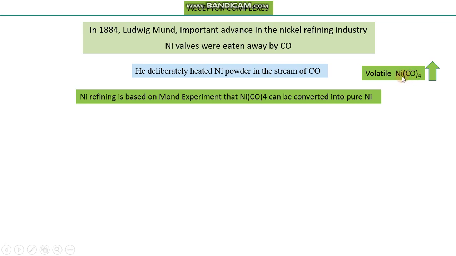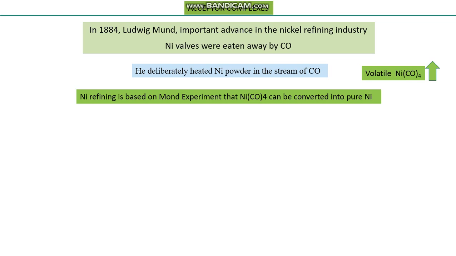And as you are aware of certain industrial processes, separation of nickel and carbon monoxide was quite easy, because nickel will be obtained as a solid and carbon monoxide is a gas. So separation of solid from gaseous material, there is no technical issue. Nickel was obtained in 100% pure form.